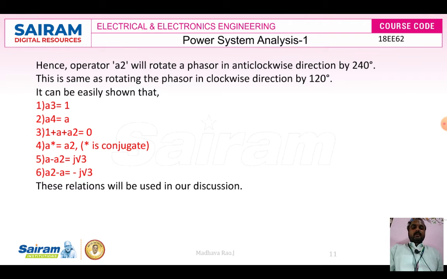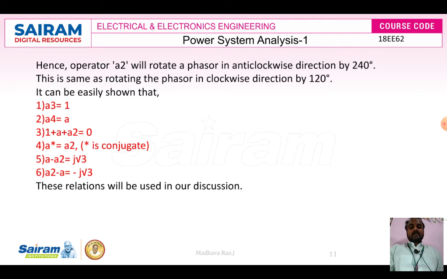And 1 plus A plus A square equals 0. A is minus 0.5 plus j 0.866 and A square is minus 0.5 minus j 0.866. The 0.866 terms cancel, and minus 0.5 minus 0.5 minus 1 plus 1 equals 0. This is an important relation for exams.